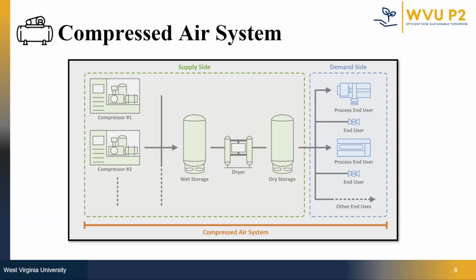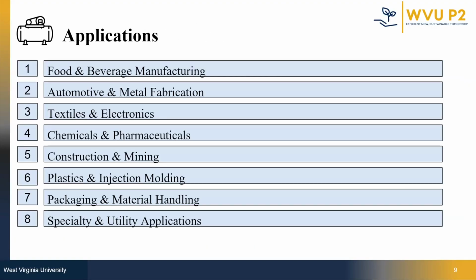After that, it is stored again in a dry storage tank before being sent out for the use. So on the demand side, the compressed air is distributed to different end users and processes, which could be tool, actuator, or machinery that depend on a steady supply of clean, dry, and pressurized air.